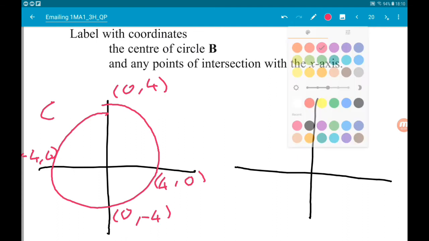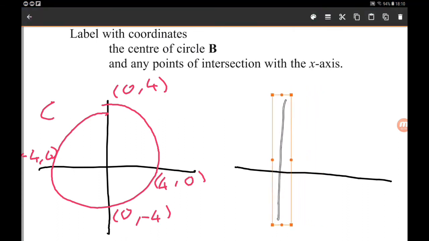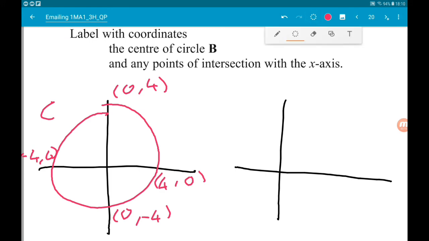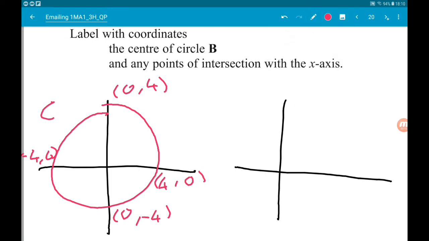So circle B then, well, we know the centre is going to be 3, 0. Because it was 0, 0.